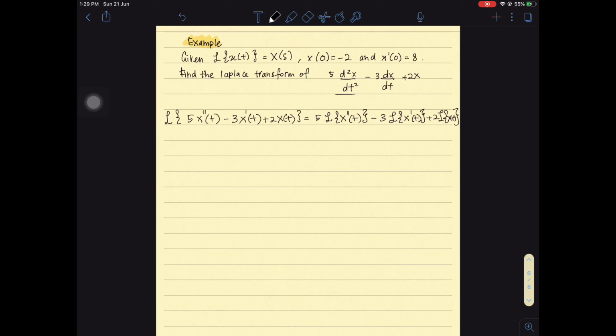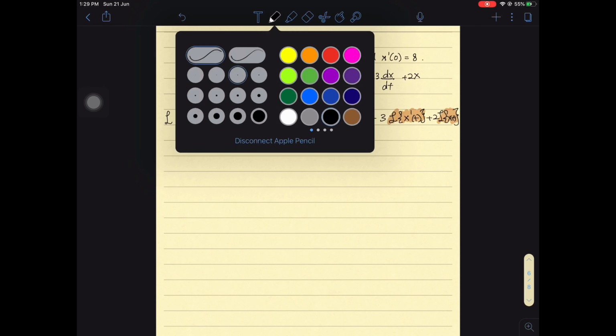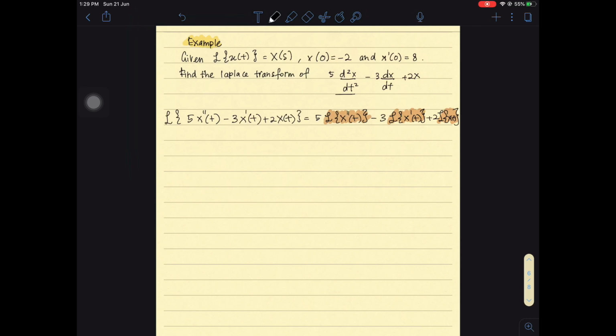Now we need to substitute the Laplace transformation of x double prime, of x prime, and also of x(t). We have learned before how to do a Laplace transformation of all these derivatives, so let's directly substitute.